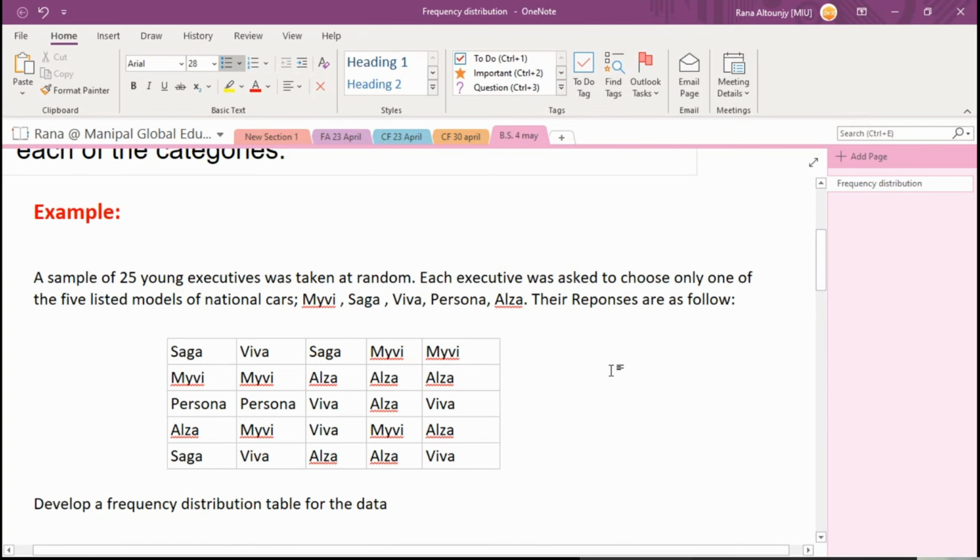So here we collected 25 answers. We have a sample of 25 young executives, and we asked them to choose only one of the 5 listed models of national cars.